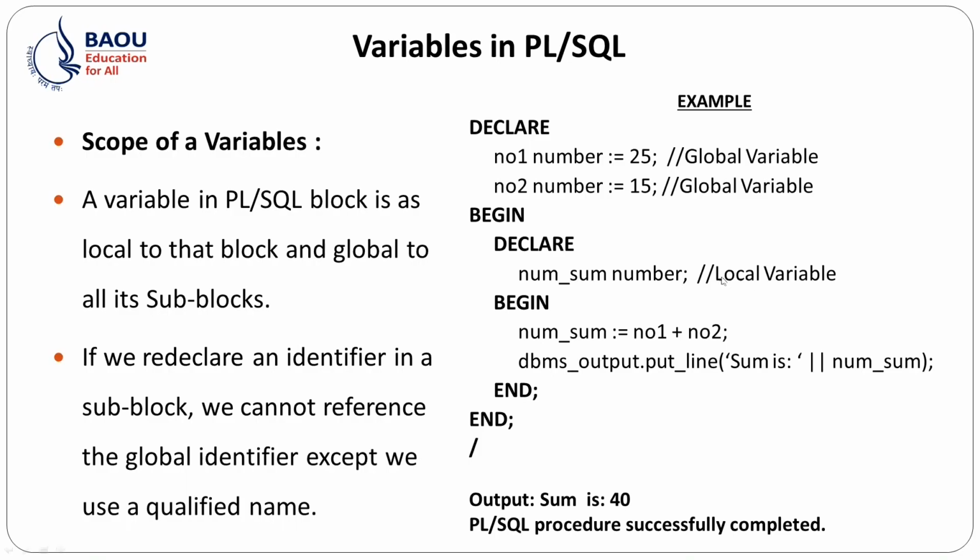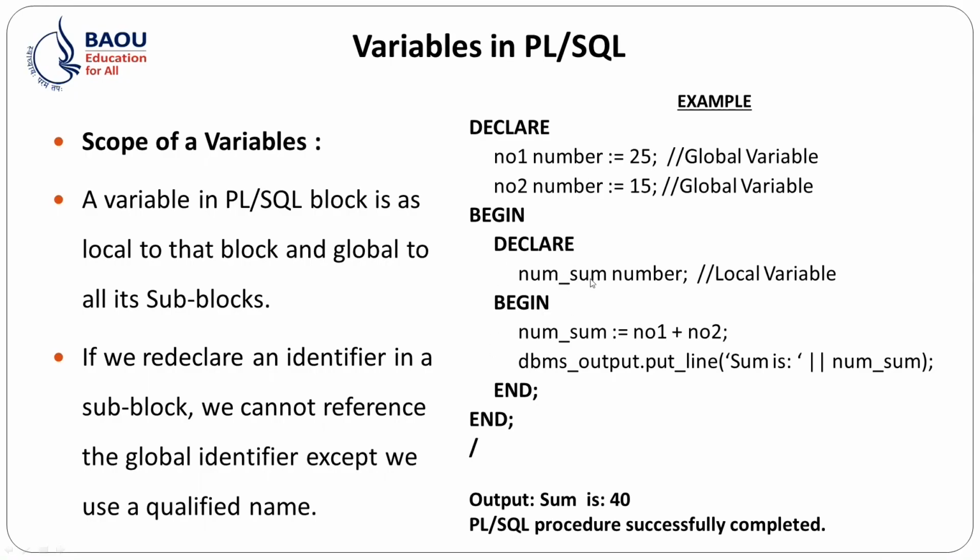Now the variable num sum is declared in the inner block, so it can't be accessed in the outer block, but number 1 and number 2 can be accessed anywhere in the block. See, here number 1 and number 2 are used within the whole block, and num_sum is used only within this inner block declaration portion.